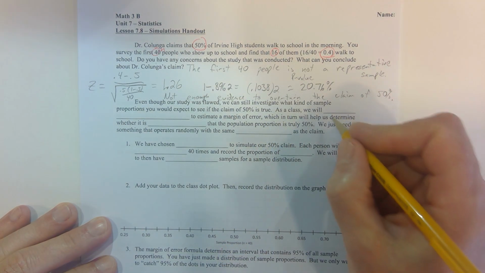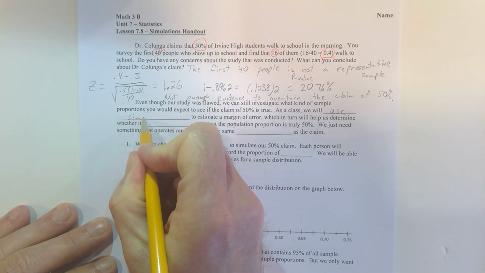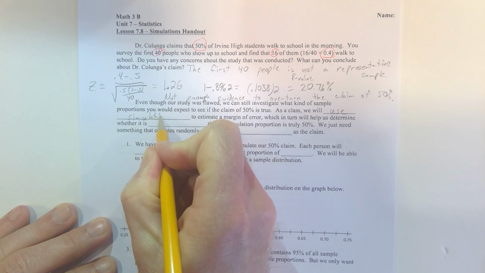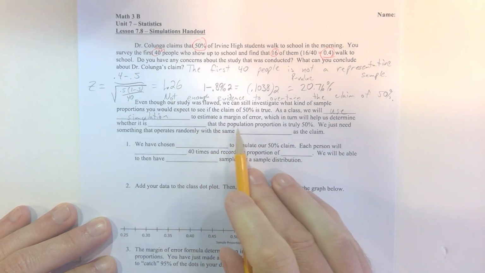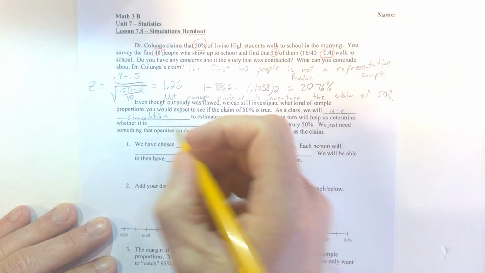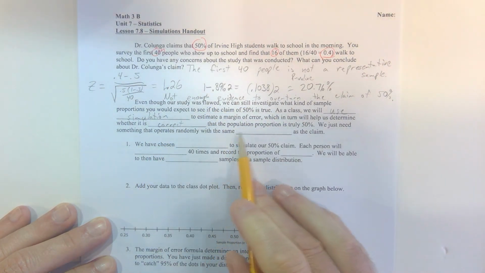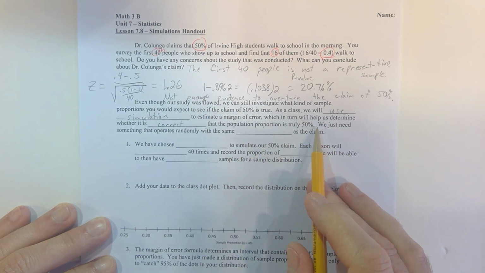So as a class, we will use simulation to estimate a margin of error, which in turn will help us determine whether it is correct that the population proportion is truly 50%.